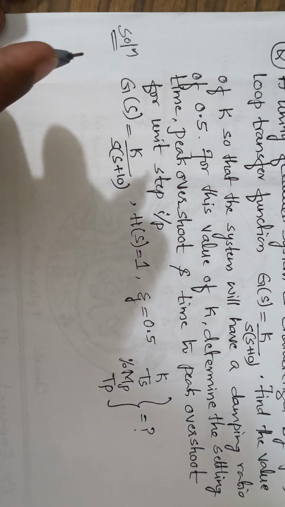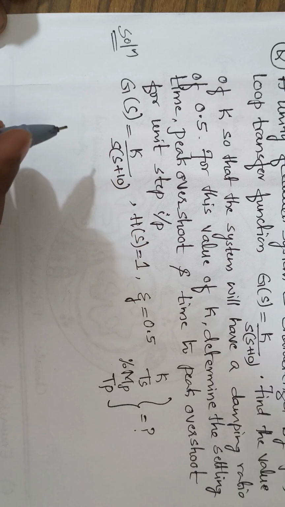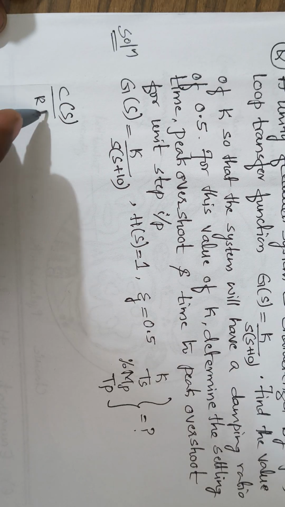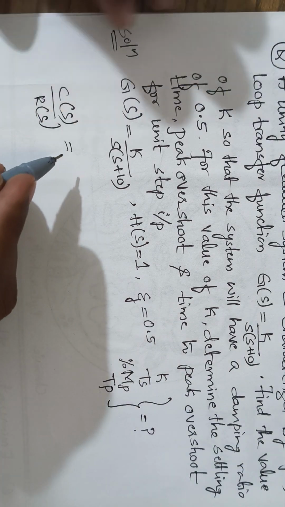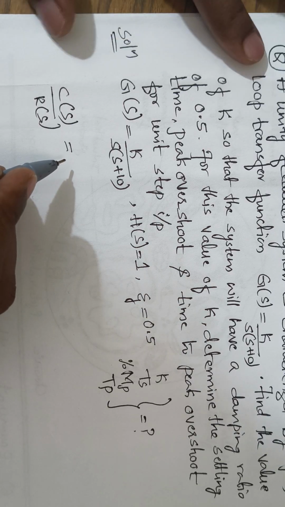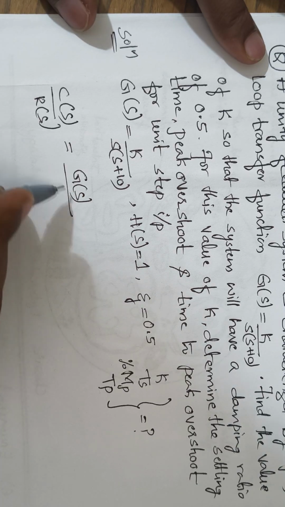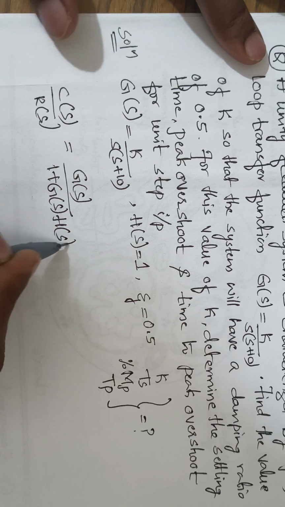Now first we will write the transfer function, that is C(s) divided by R(s). That is equal to G(s) divided by 1 plus G(s) into H(s).